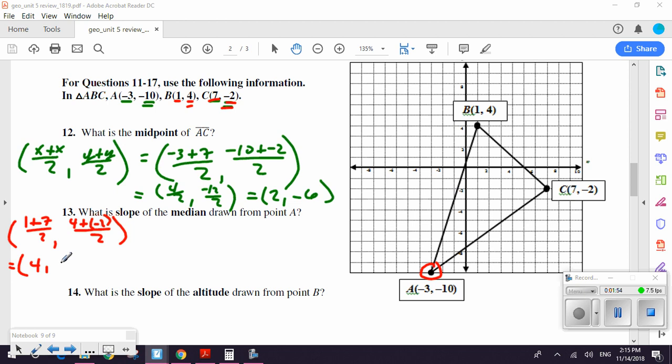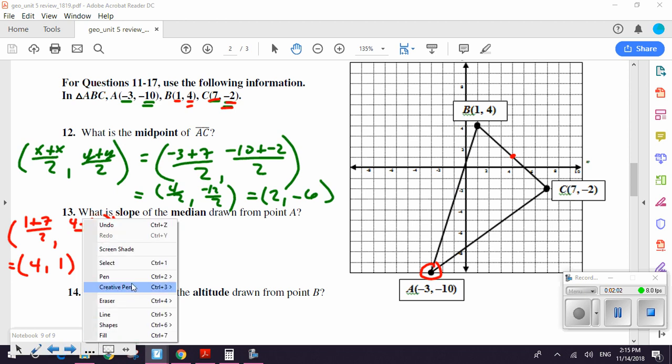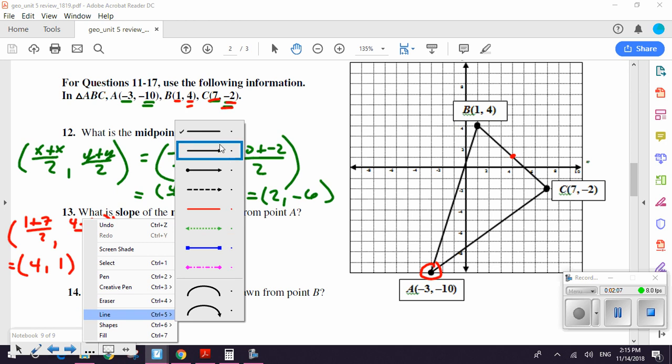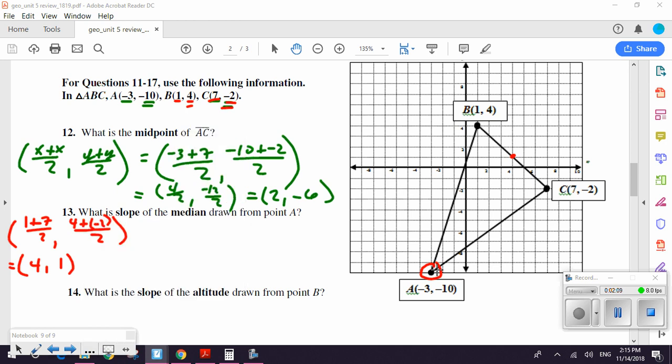Then 2 divided by 2, which is 1. So the midpoint is 4, 1. So it would be right here. If I were to draw a line, and I don't recommend drawing the line, but if you were to draw the line from A to that point, this is what it would look like.